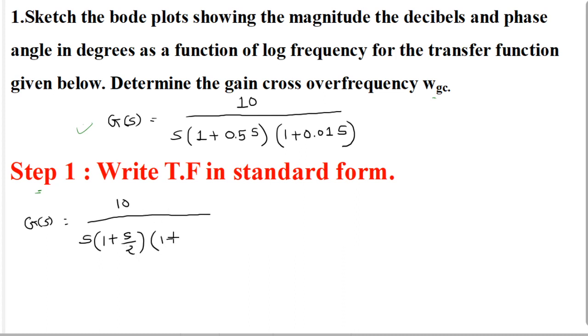Similarly (1 + s/100), because 0.01 is equal to 1 upon 100. So here there are two corner frequencies: 2 radian per second, and the second one is 100 radian per second.